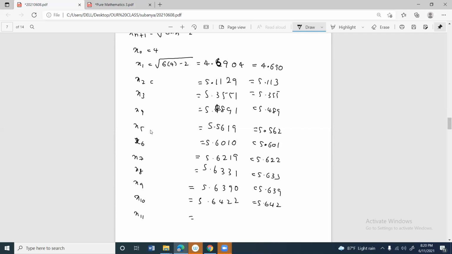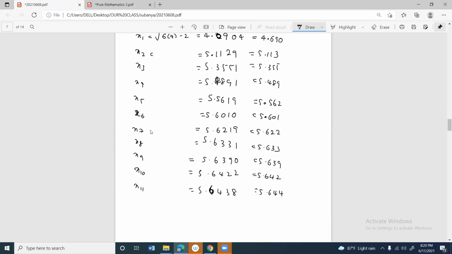x_11 is 5.6438, that is 5.644. Now it seems to be getting closer, so hopefully x_12 is 5.6447, that is 5.645. x_13, I think it's there, is 5.6452, that is 5.645.